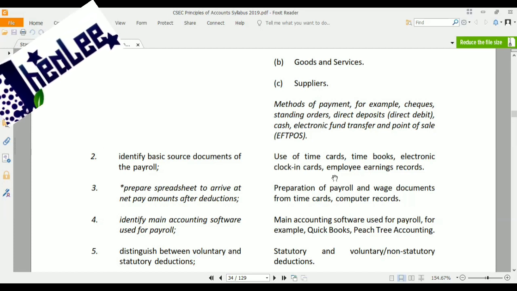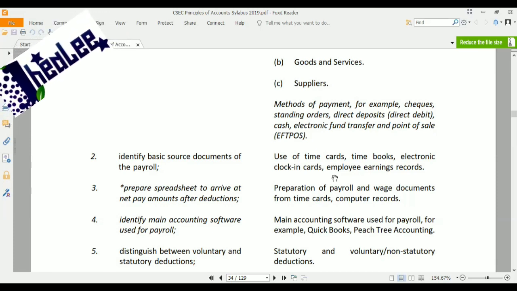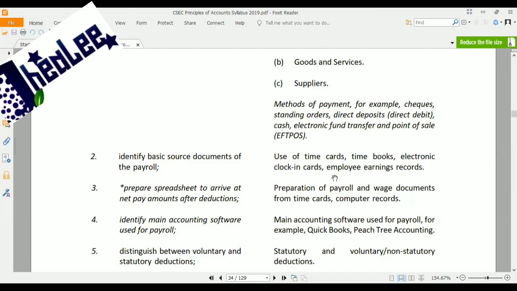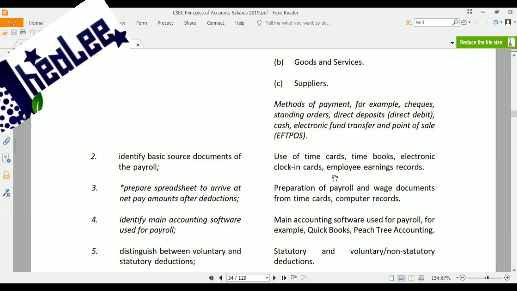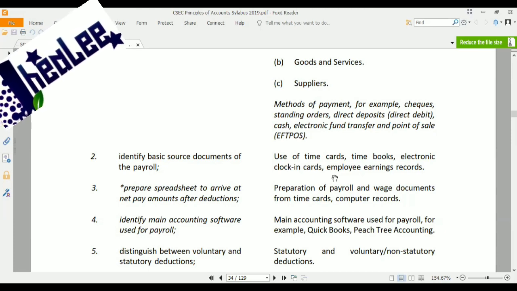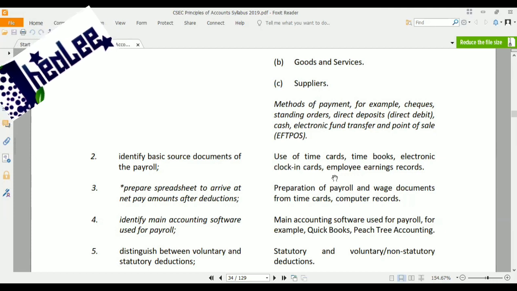So you go to the sign-in area and you just swipe, and it automatically enters the time that you reach work, basically. When you're going for lunch, you'll have to sign out, and they call it clock in and clock out in some places. And when you're back from lunch, you clock in. And when you leave work in the evening or the afternoon, whatever time of day it is, you clock out by swiping that particular card.